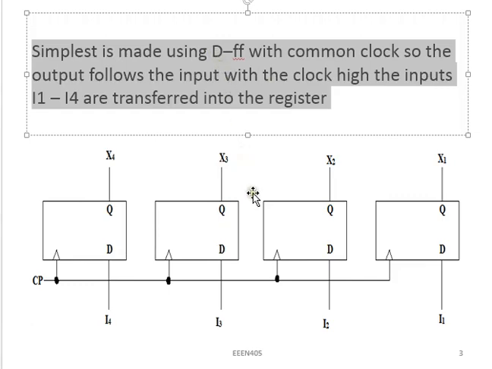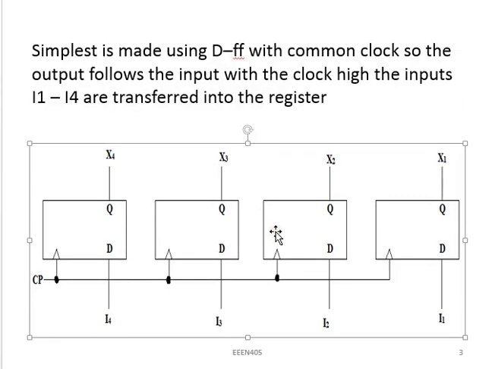So this register designed using D flip-flops is the simplest one, and as you can see here, it has 4 flip-flops, accepting inputs I1, I2, I3 and I4, and the corresponding outputs are X1 to X4.